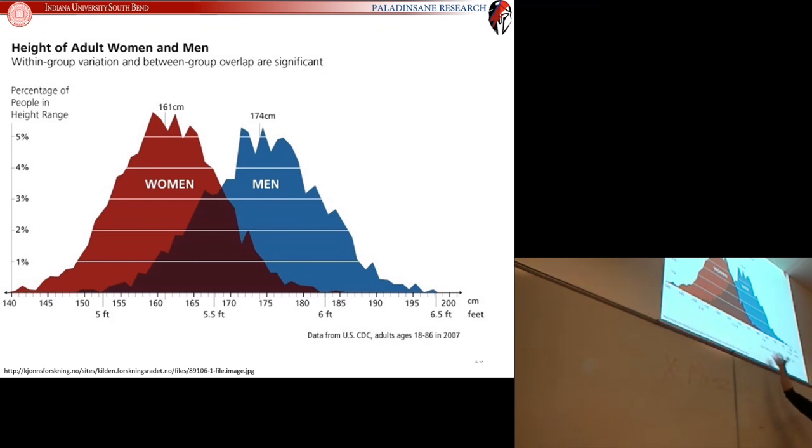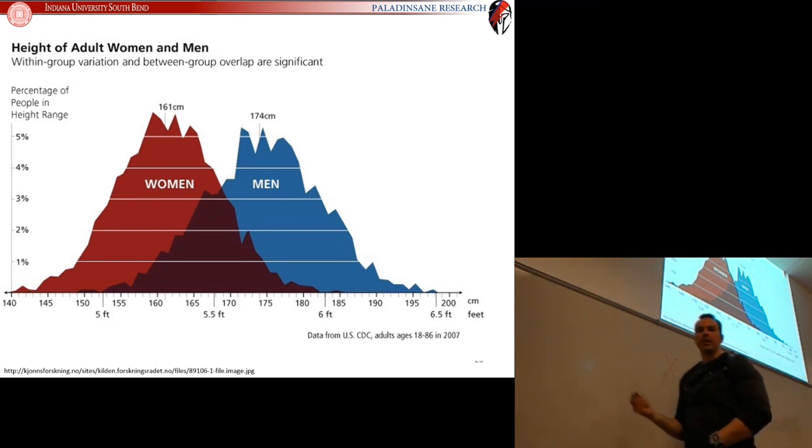Same thing with males over here. So the fact that height is on a normal distribution once again indicates that there are multiple factors that contribute to this single height score that we all exhibit. And this is something that needs to be kept in mind.